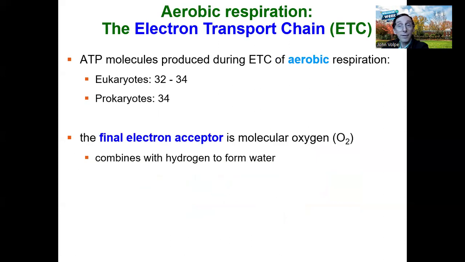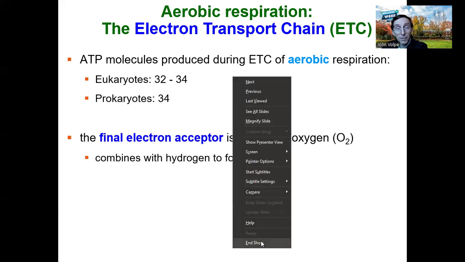So the electron transport chain of aerobic respiration is very efficient at generating ATP. In eukaryotes, you generate 32 to 34 ATP molecules per molecule of glucose. Prokaryotes are a little more efficient. They generate 34 molecules of ATP per molecule of glucose.